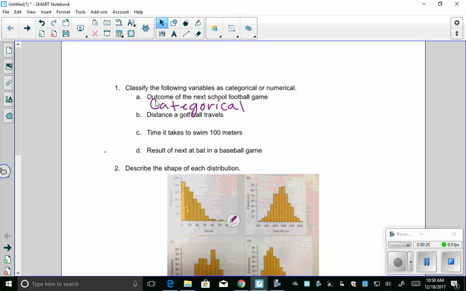The distance a golf ball travels. Numerical. The time it takes to swim 100 meters.